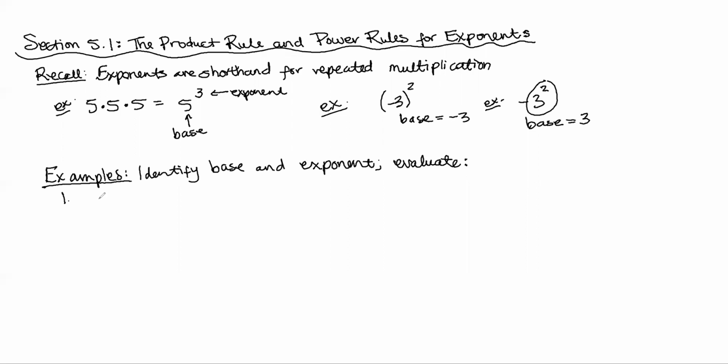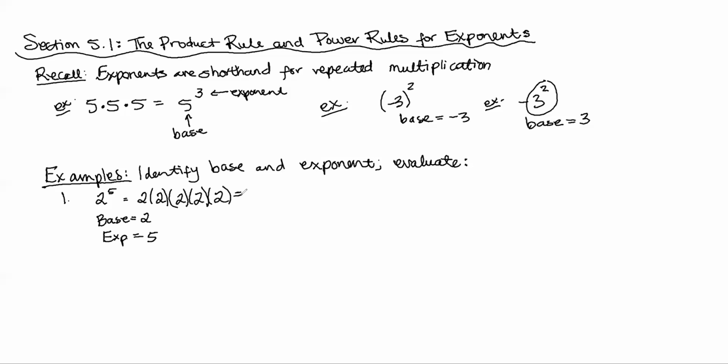So number 1, you've got 2 to the 5th. The base for this one is just going to be this number that we're raising to the 5th power, so 2. And the exponent is 5. And so if we take 2 to the 5th, we're going to take 2 times 2 times 2 times 2 times 2.